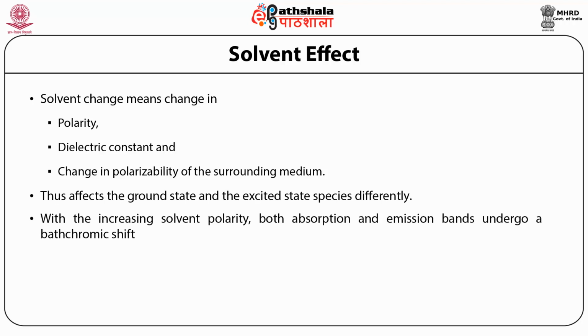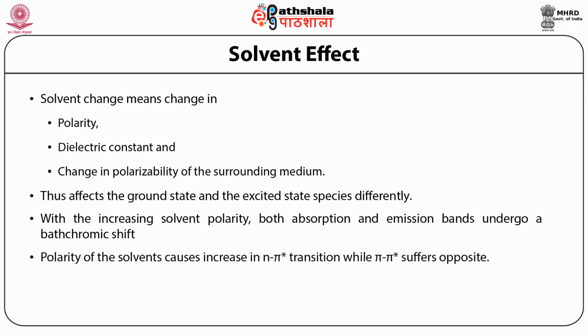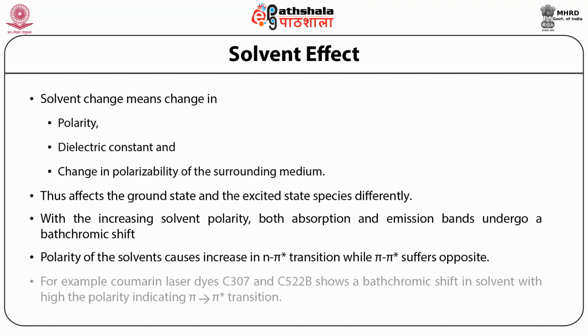With increase in solvent polarity, both absorption and emission bands undergo a bathochromic shift. The polarity of the solvent causes an increase in the non-bonding to pi antibonding transition, while pi to pi antibonding suffers the opposite. For example, coumarin laser dyes C307 and C522B.